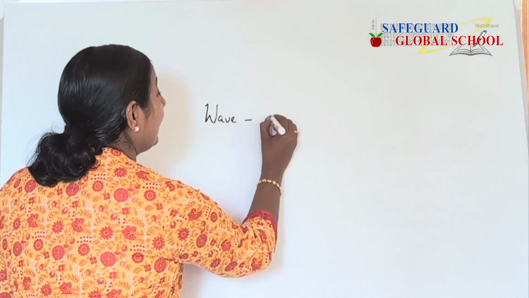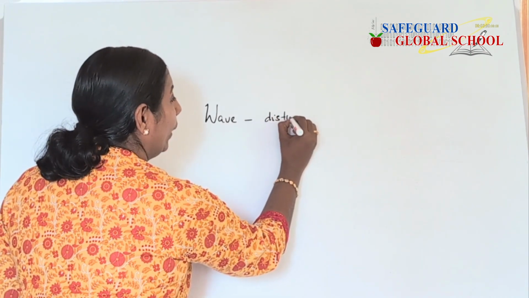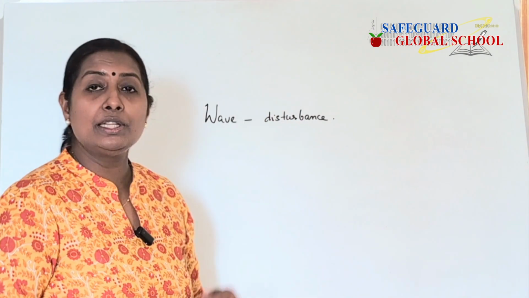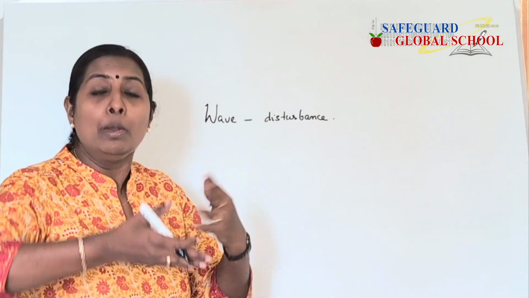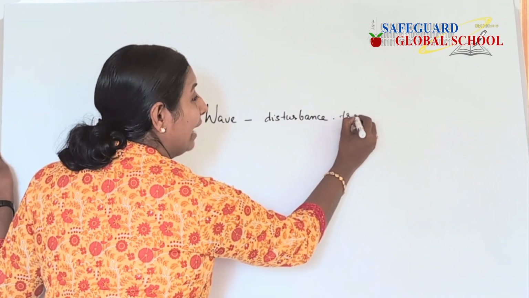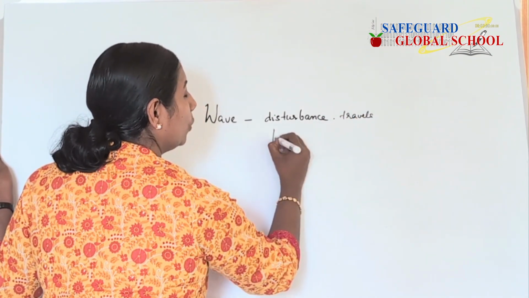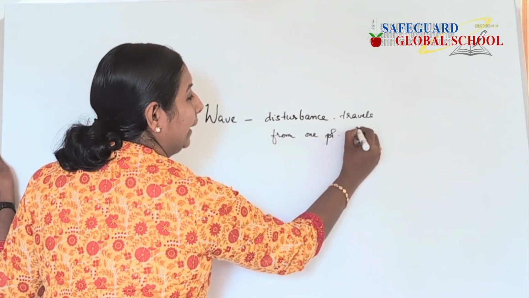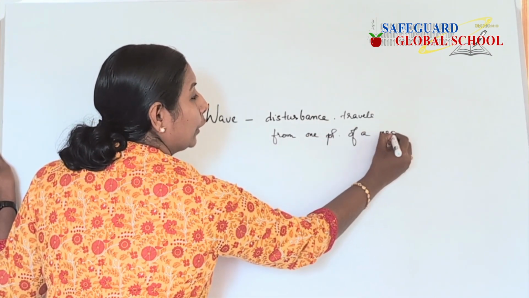A wave is a disturbance. What is happening to that disturbance? It is traveling from one point of the medium to another.